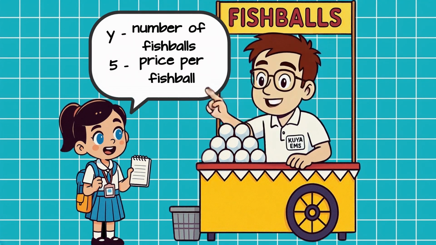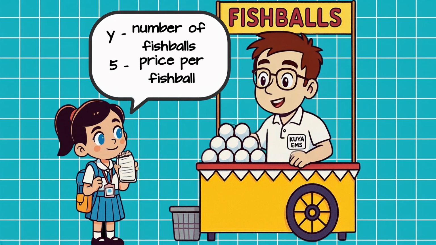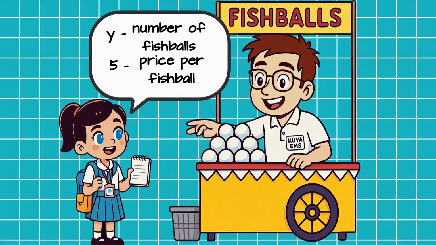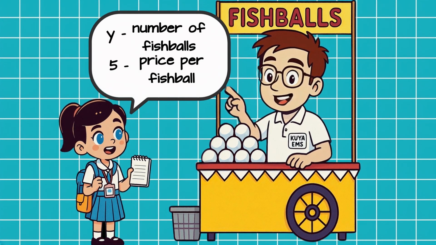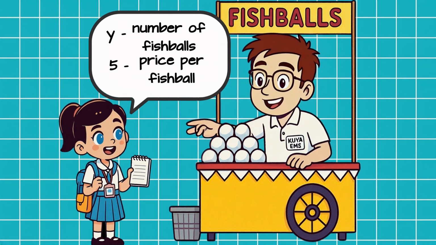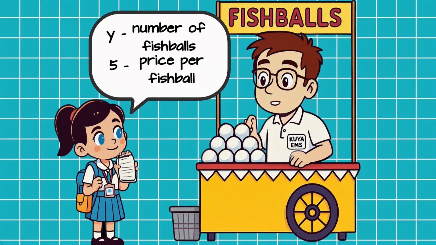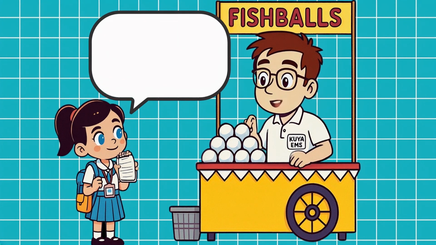So let's go to the solution. Let y be the number of fishballs, and it's a variable. And the cost per piece, 5 pesos, that's a constant. So the expression is the number of fishballs times the cost, and that is 5 times y, or simply 5y.